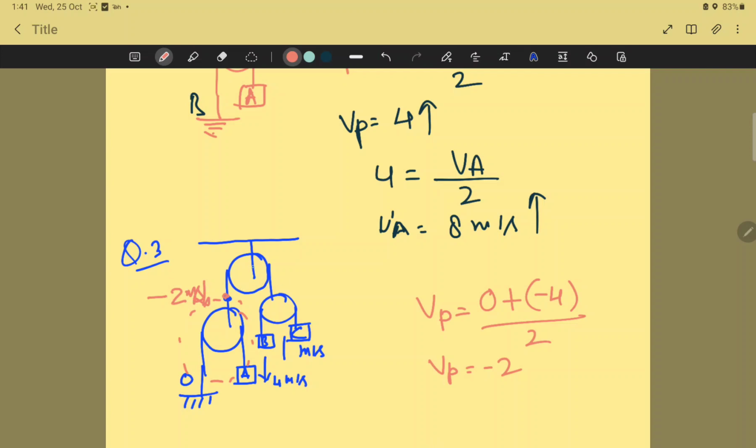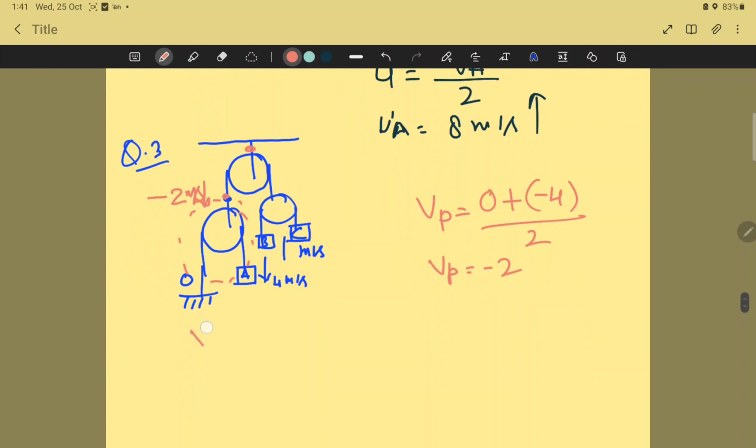Now let's solve the given system. This time around the Vp. Now for this system, Vp is 0, so Vp is equal to minus 2 plus, let's say in this block system, VD divided by 2. So VD comes out to be 2. So this is moving with 2 meter per second.